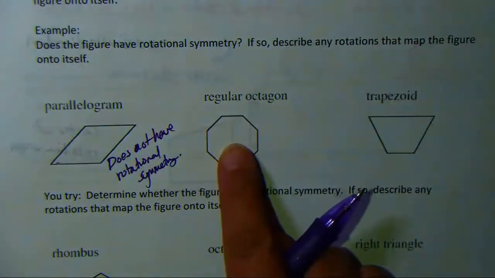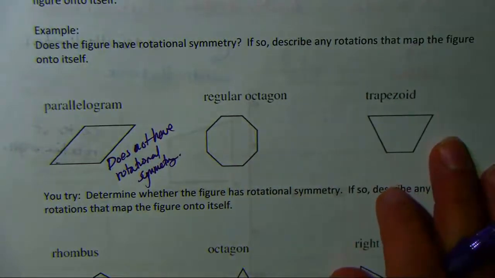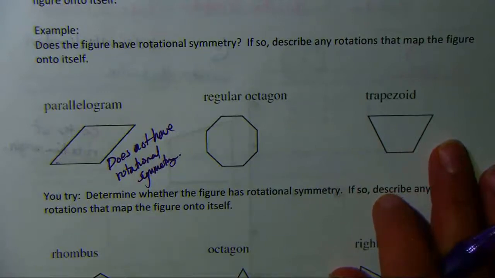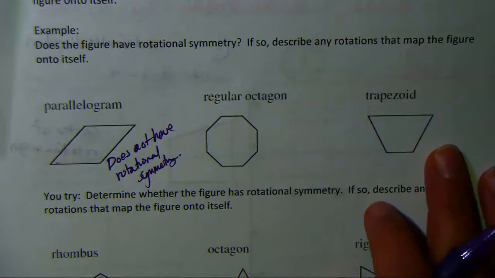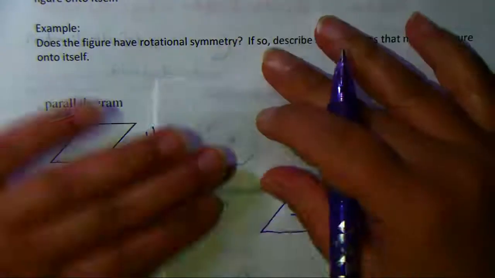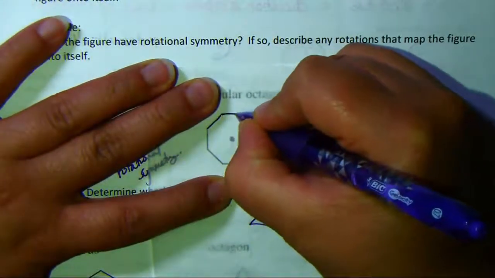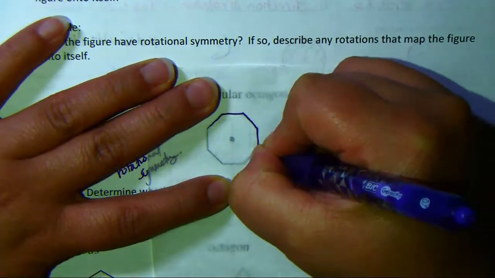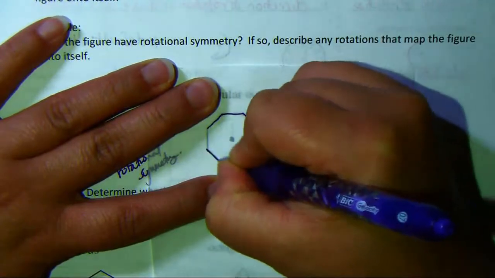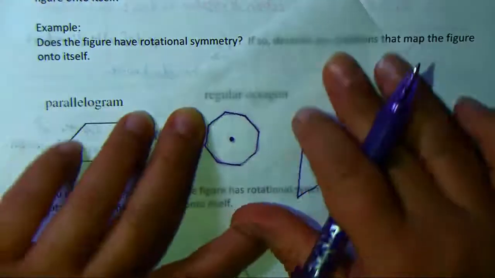However, if I took the octagon and I rotated it, you would essentially have more of a rotational symmetry. So if I were to take this octagon, here's my center of the octagon, and I trace this guy like so, and I rotated it.